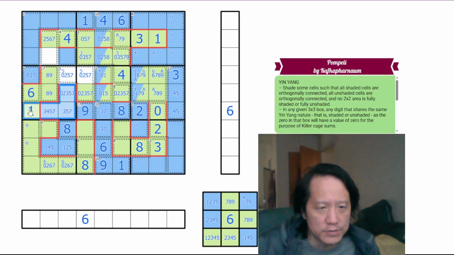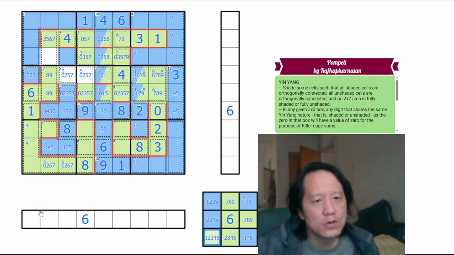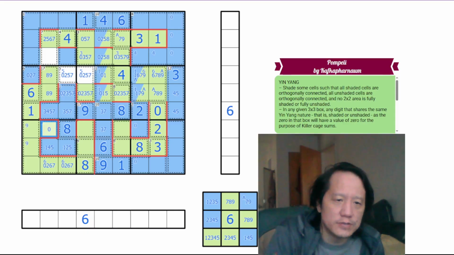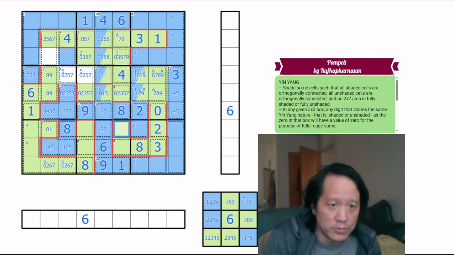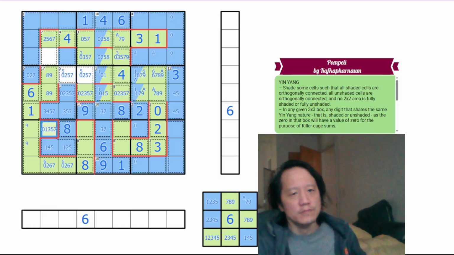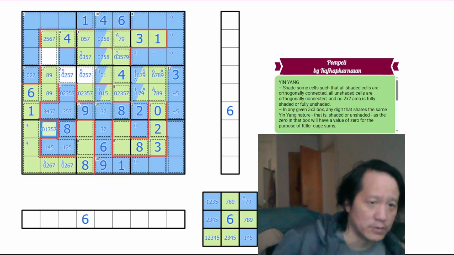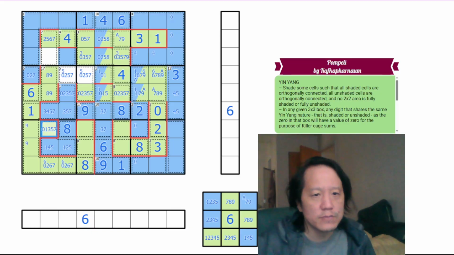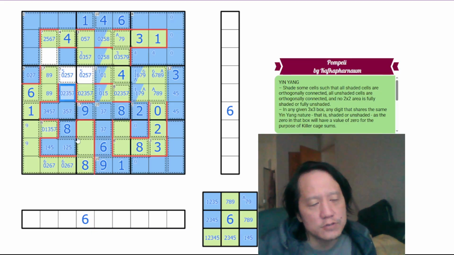These 4 cells have to... 3 of them have to be here, and the other one is the missing digit here. So this cannot be this. It can be any of these. So it could be 0, 1, not 2, or 3, 5, 7 here. Yeah, 0 could still be here.